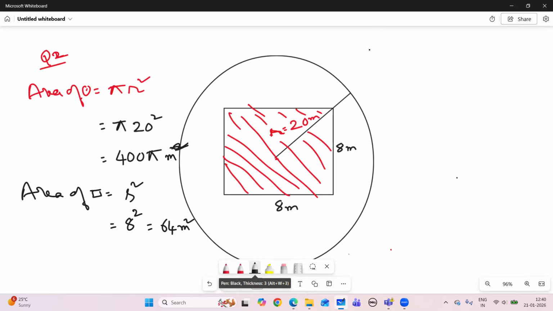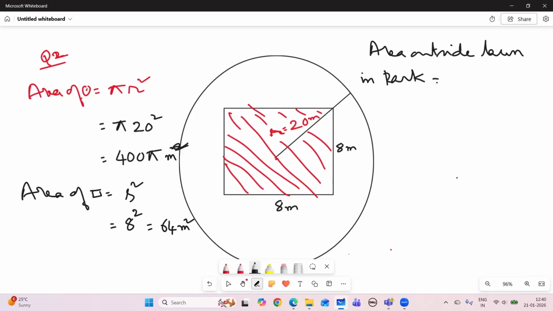So the area outside the square lawn in the park becomes what?